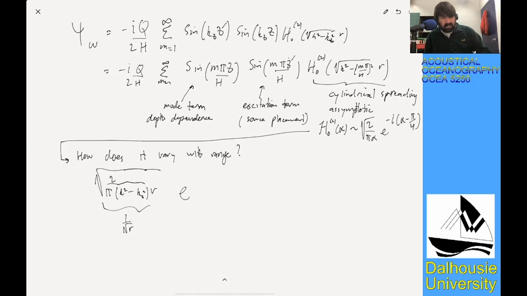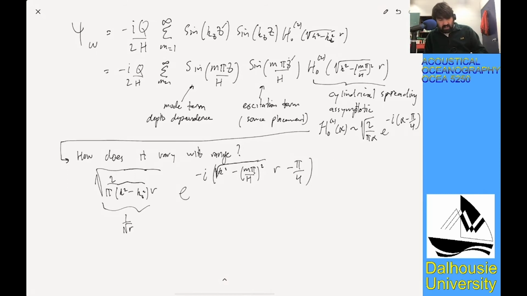So here it's going to be e to the minus i, the square root of k squared minus m pi over h squared r minus pi over 4, right? And so you're probably saying, well, there's an i up there, so it's oscillating, so it doesn't matter. But that's not always the case, right?